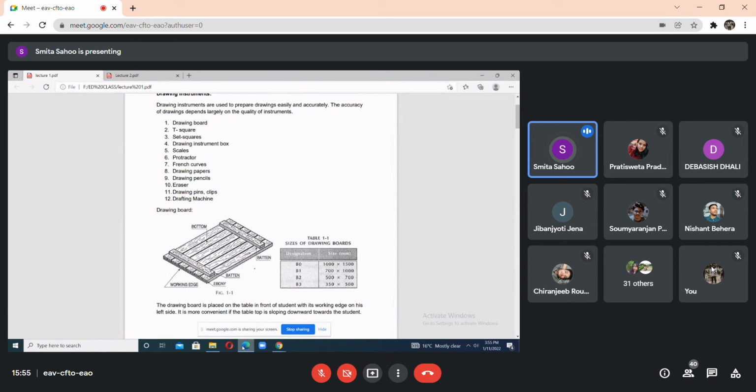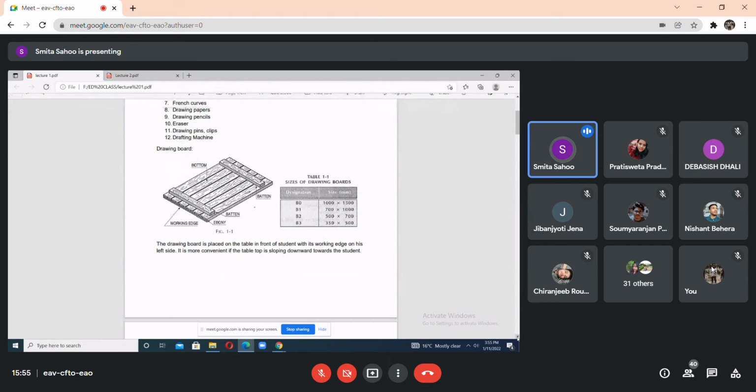Next we have our drawing sheet, and drawing pencils, that is the normal HB pencils that we use, the eraser, and the drawing clamps or clips. Then we have the drafter, the machine used for drafting.